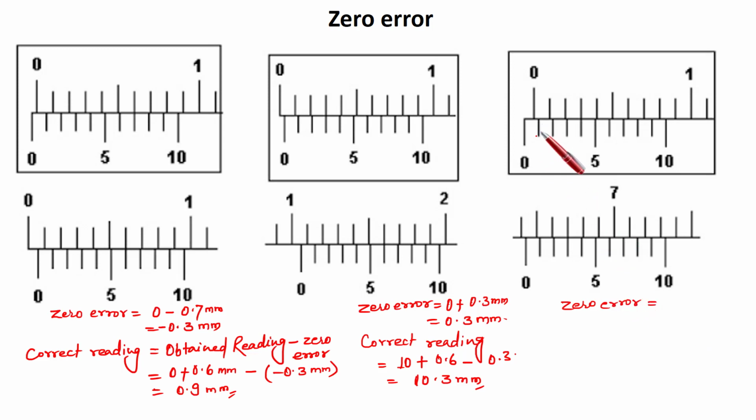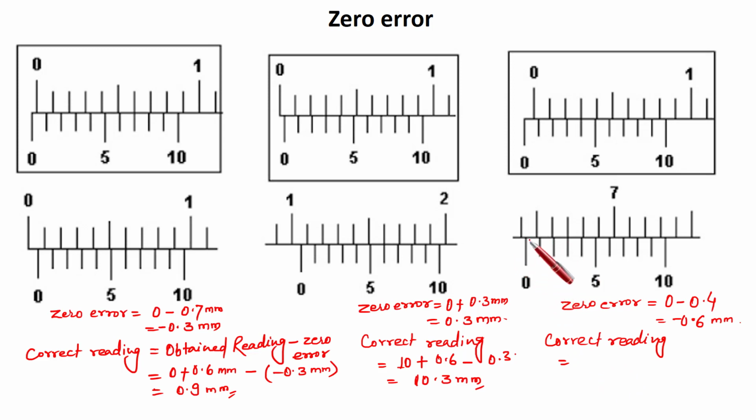In this case, is the 0 error positive or negative? Obviously it is negative, because this one is to the left of this one. So 0 minus, which one is coinciding? 1, 2, 3, 4. The fourth one of the vernier scale is coinciding. So we can write minus 0.6 mm. And what is the correct reading? That will be equal to the obtained reading minus 0 error. So what is the obtained reading? First of all, we have to find the main scale reading.